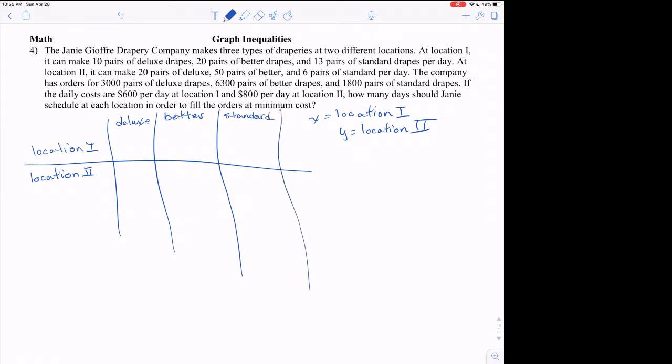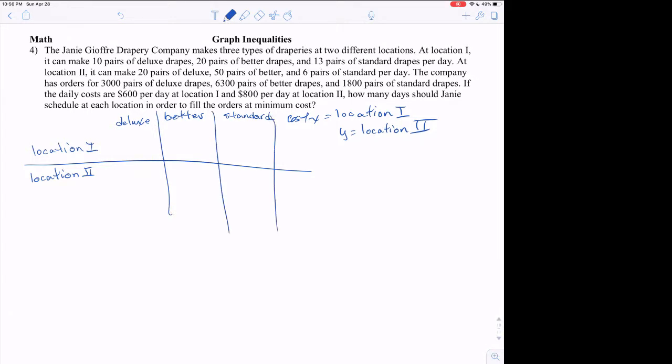And then we have our cost. Deluxe, standard, cost. All right. Now, and then we have our total.